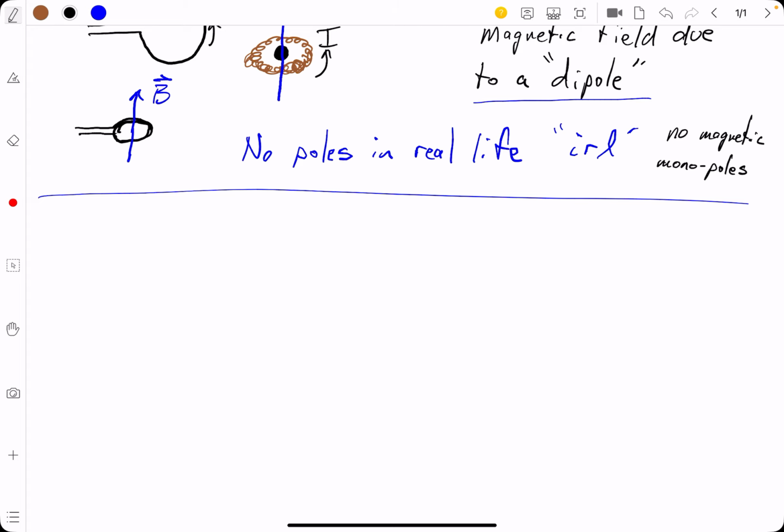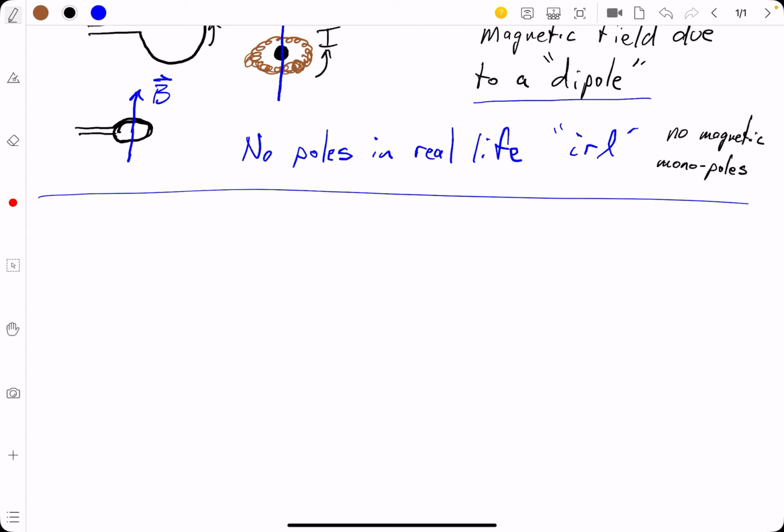People are searching for it all the time. And all they really find are currents flowing. So good luck to those people. They're still looking. Everybody's looking. Not everybody. A lot of people like myself have given up.